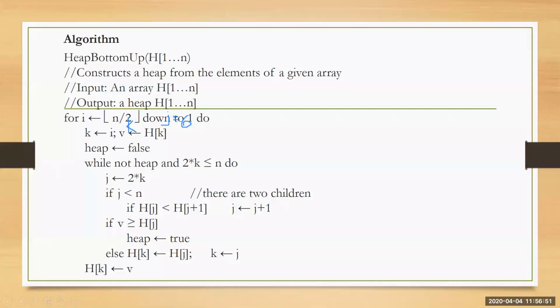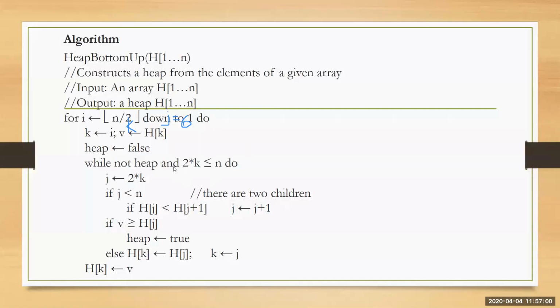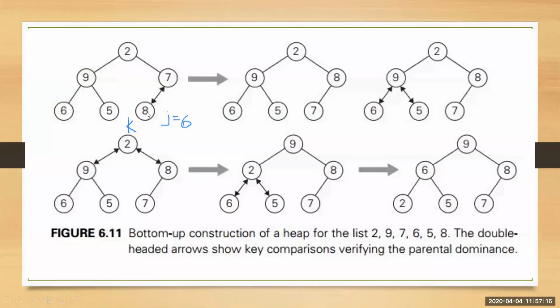Now in this example, 8 doesn't contain any child. Therefore, this condition will be false. 2 into k lesser than n will be false, because what is 2 into k? Now 2 into k is 6 into 2, which is 12. So 12 is lesser than n is false. 12 is not lesser than n. It means that that particular node 8 doesn't have any children.